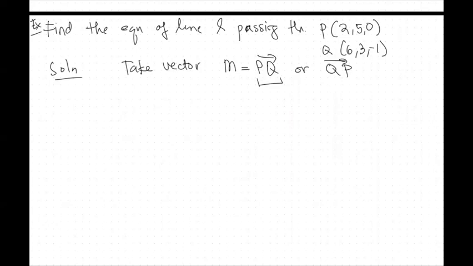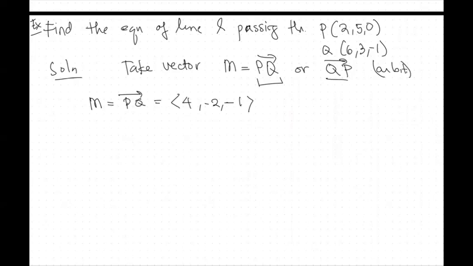So suppose we will choose P to Q. So M here is just given by the vector 6 minus 2 is 4, and then 3 minus 5 is -2, and lastly, -1. Okay, then this is arbitrary. You can choose any of them.